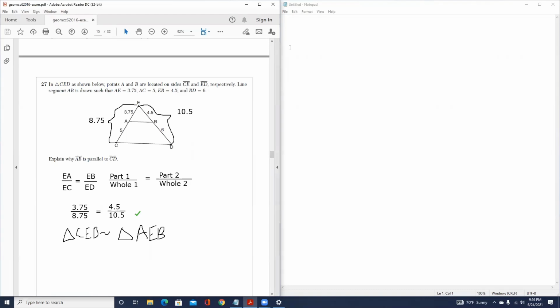So explain why AB is parallel to CD. So we have proven... actually, we haven't quite proven this to be... I should erase this.